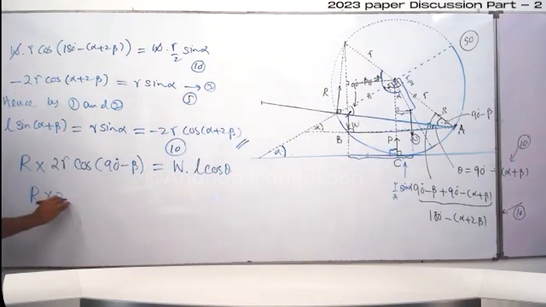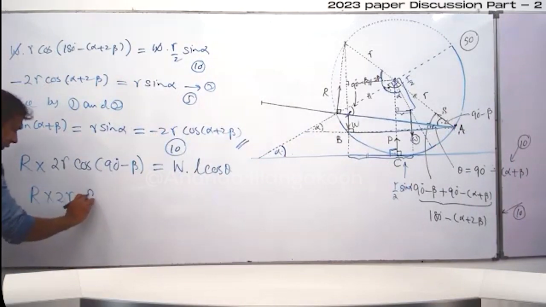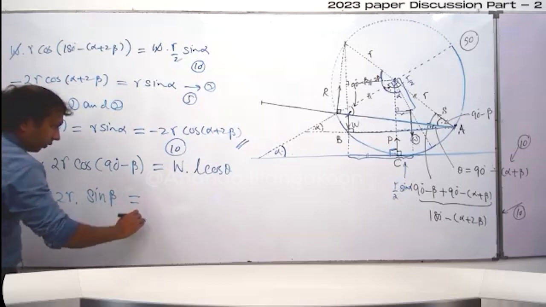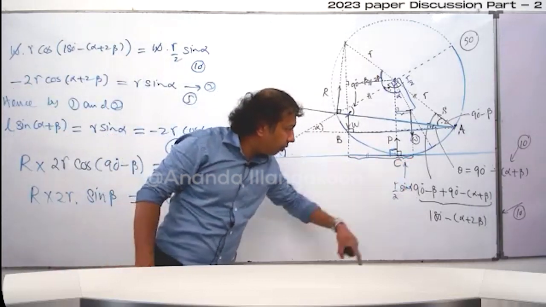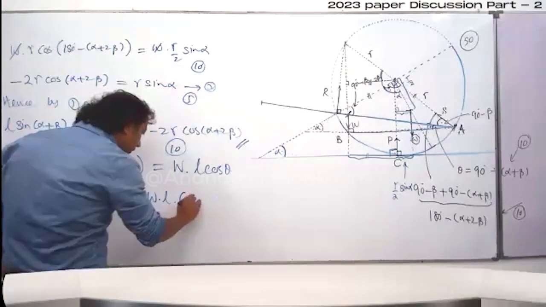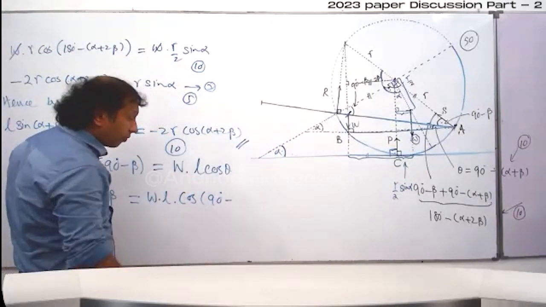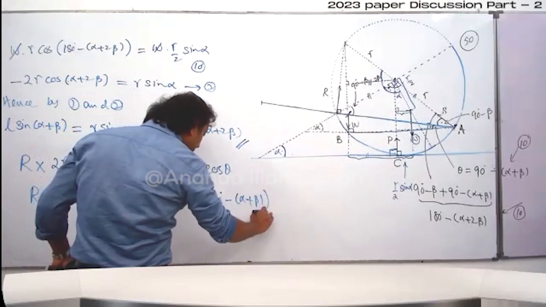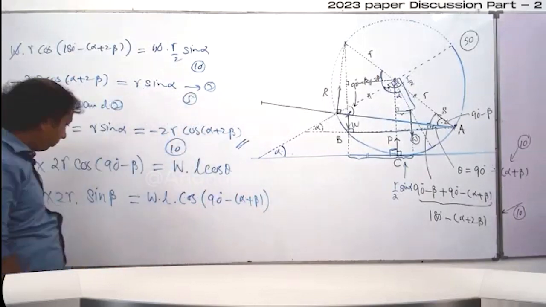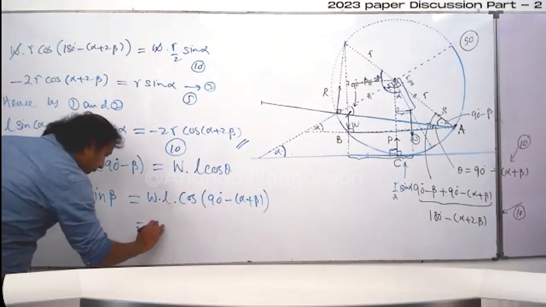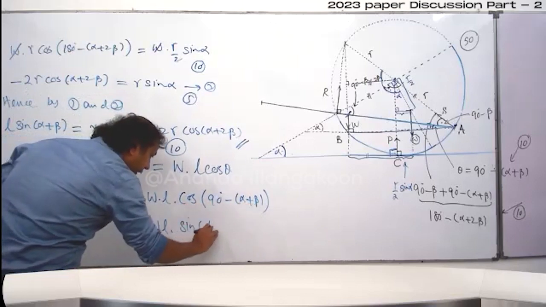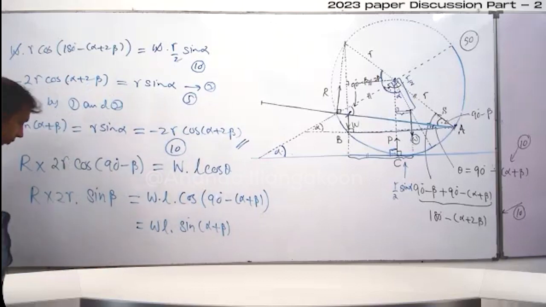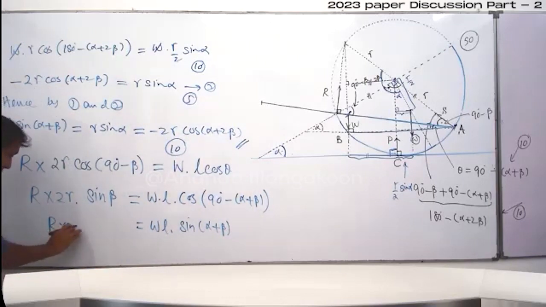R times 2R cos(90 minus beta), which is sin beta, equals W times L cos theta. This theta is 90 minus alpha plus beta. So L cos(90 minus alpha plus beta). Now here we get W L sin(alpha plus beta) on the right, and R into 2R sin beta on the left.